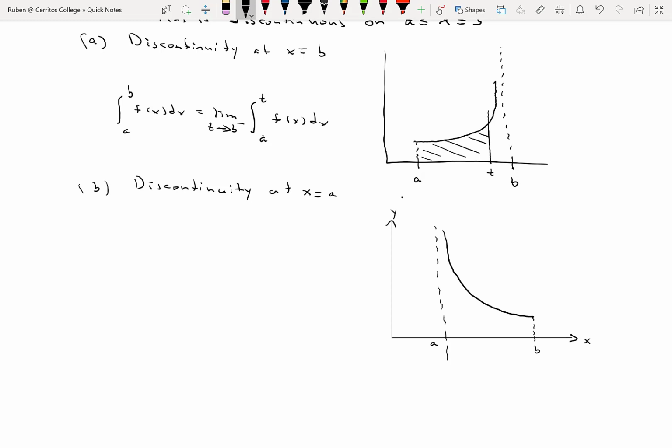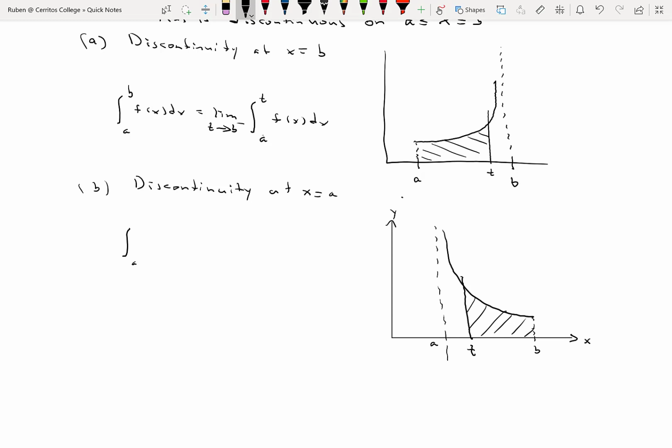The procedure, the process is exactly the same. We can't integrate between a and b. So instead, we satisfy ourselves with integrating between a point slightly greater than a, from t to b, and geometrically find that area.